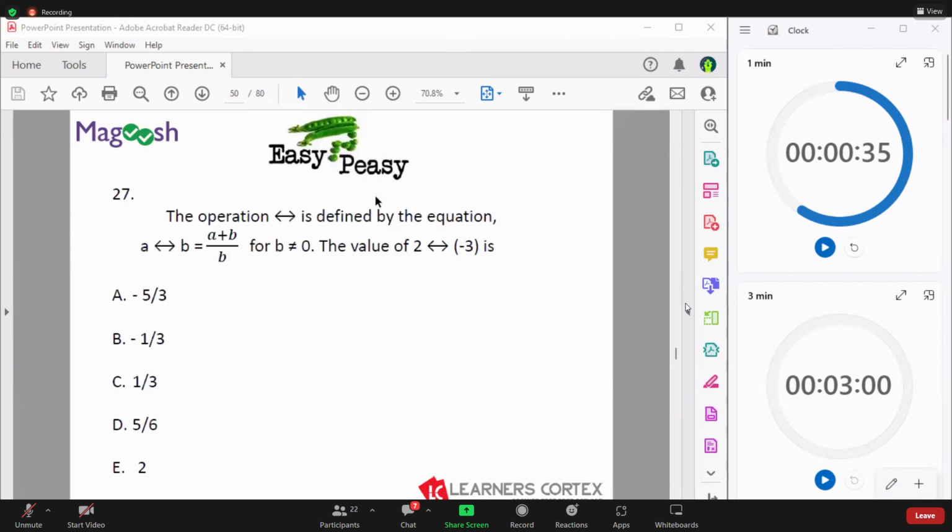Next question we have: an operation is defined by this equation. See, questions like this would also be there. What is the value of 2 double head arrow -3? Go.